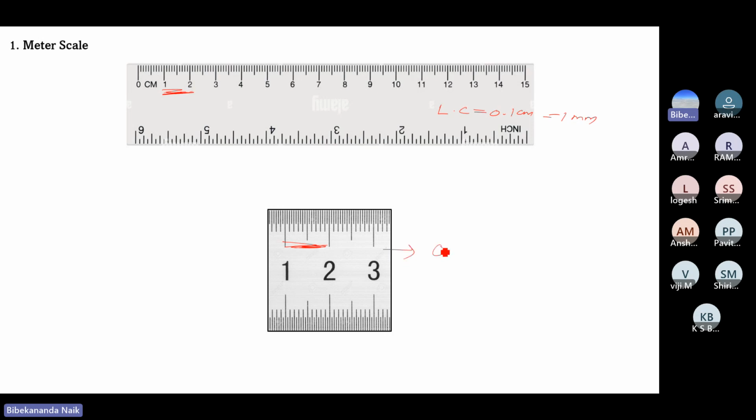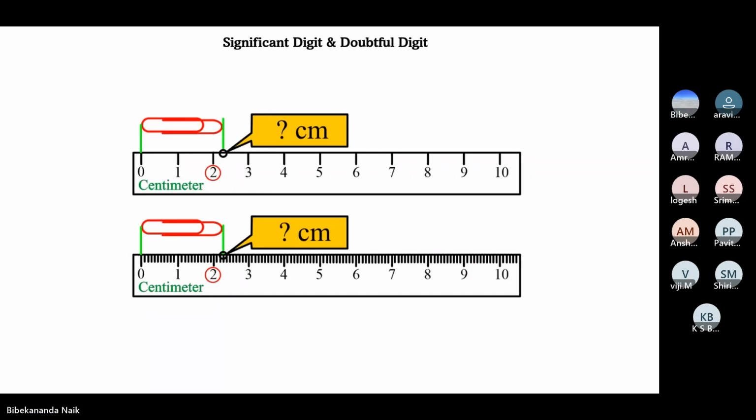With this scale, we can measure 0.5 mm or 0.05 centimeter. Least count is the minimum measurement that we can make with a measuring device. In the upper scale, we can measure a minimum of 1 millimeter, but in the lower scale, due to its precise marking, we can measure more precisely, and its least count is smaller.